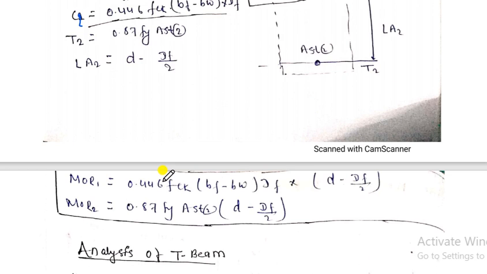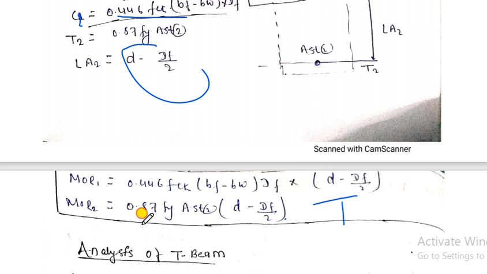The compressive force we have already calculated, we just multiply with the lever arm, so into D minus DF by 2. Similarly for the tensile force, tensile force into lever arm, so 0.87 Fy AST2 into D minus DF by 2.